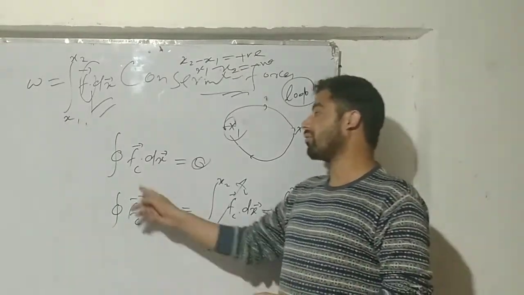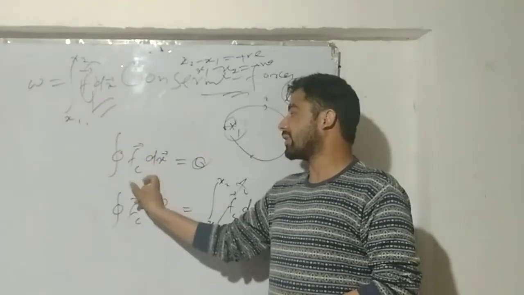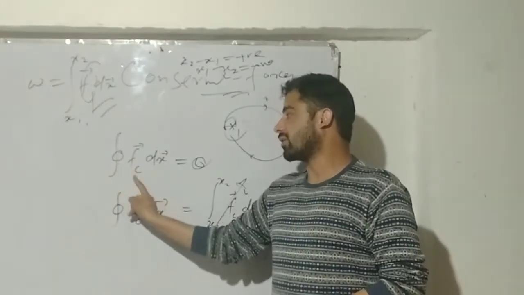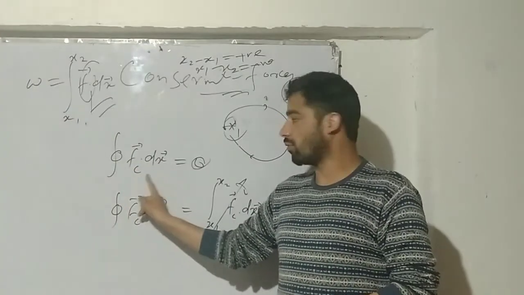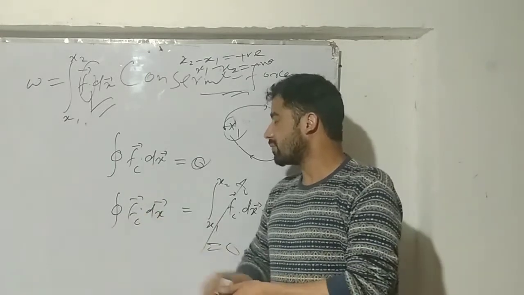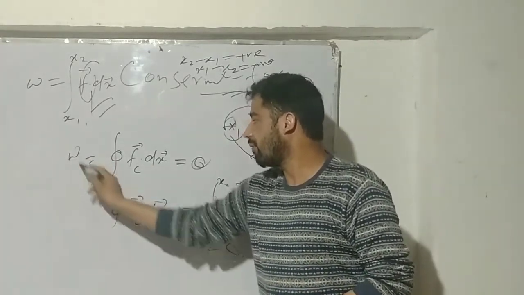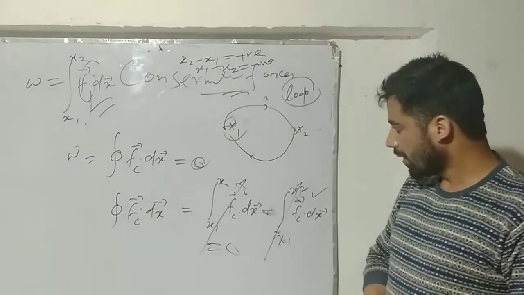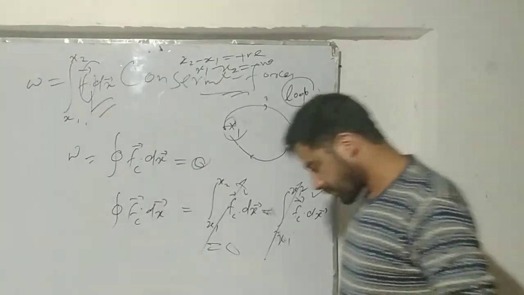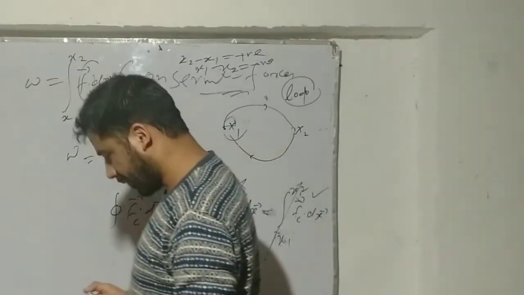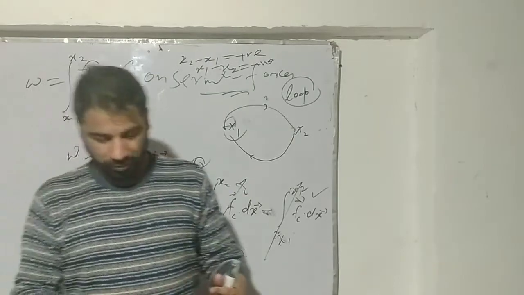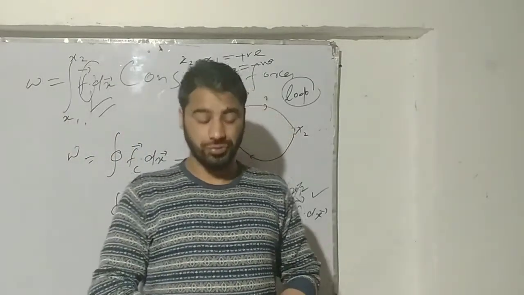If we have this integral on a closed path under the conservative force, what is this? This is basically the definition of work done. My work done will be 0. This was some more about what happens to our system when we perform something under the conservative force.